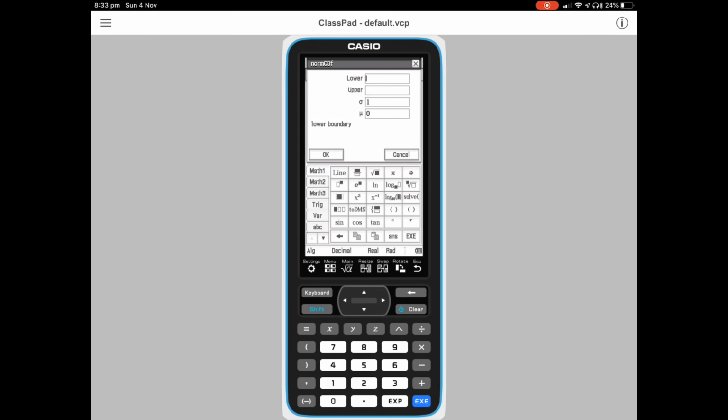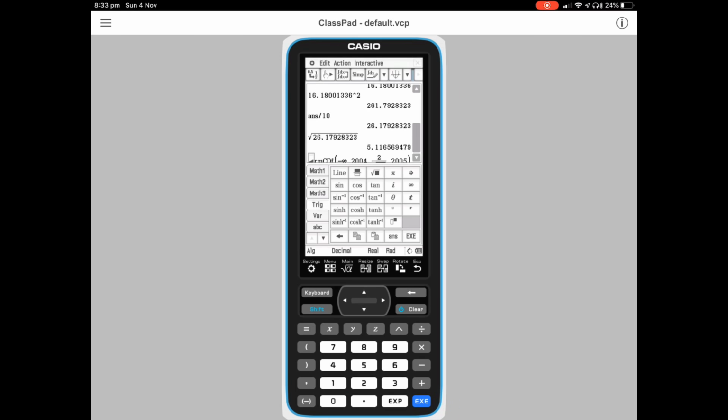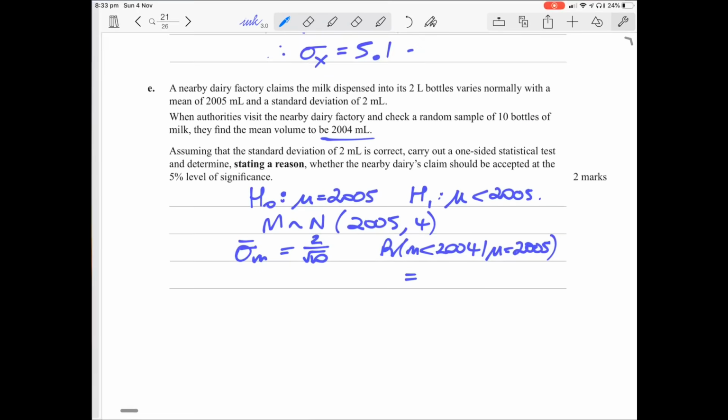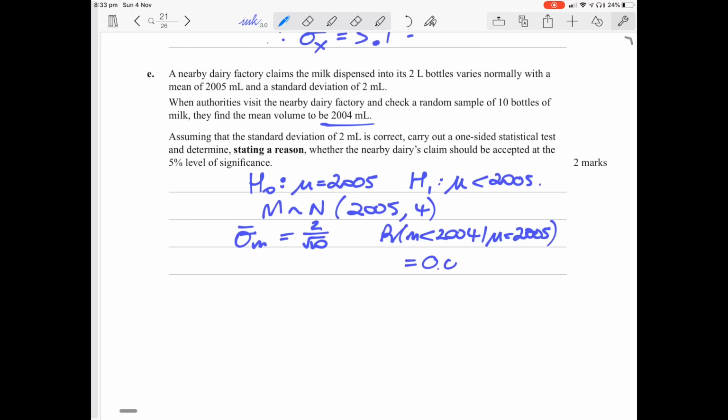Okay, lower is negative infinity, up is 2004. That was 2 divided by root 10. And that was 2005.0569. So that's our p-value.